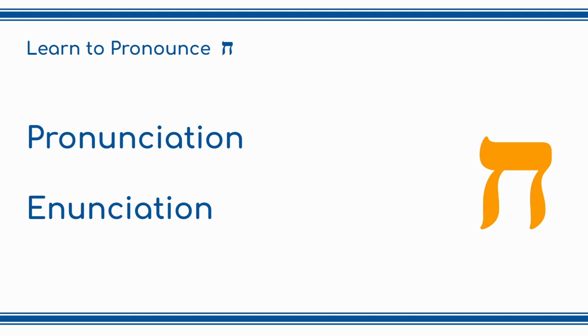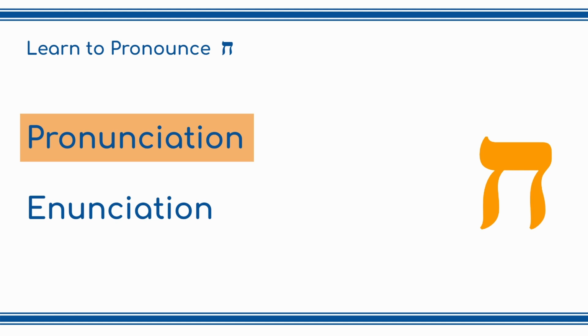So here's the thing. When you're learning a language, especially Hebrew, what is more important, pronunciation or enunciation? The answer is pronunciation. What I mean by that is it's important for you to know what the sound of the letter is.